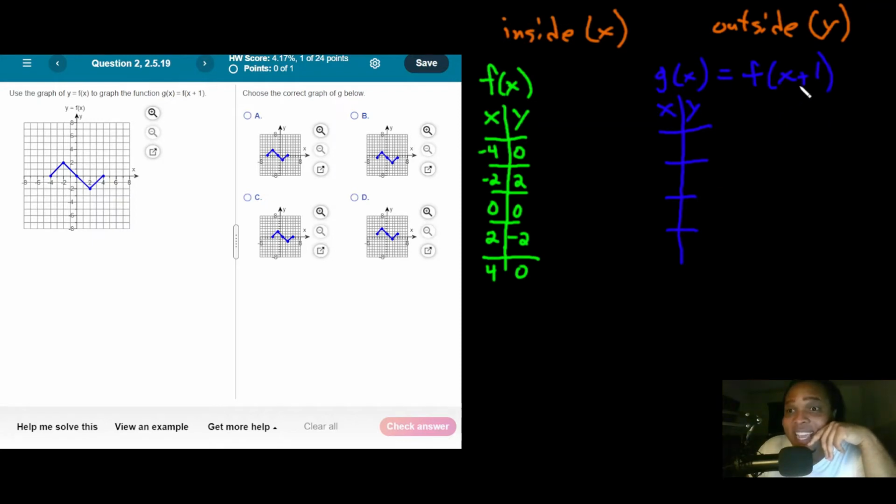This is definitely inside because it's inside of the parentheses, right? So get into the habit of knowing outside and inside. So we know that we're going to change the x's because the inside changes the x. So we have an x plus 1 on the inside, but be careful.